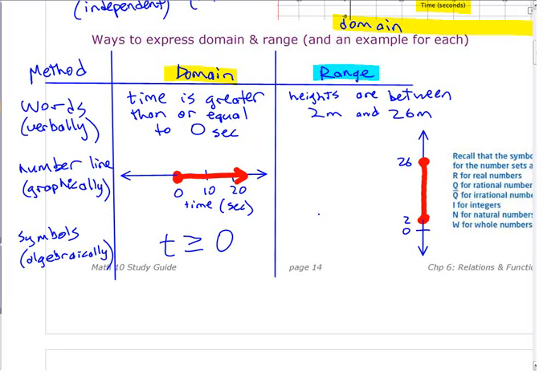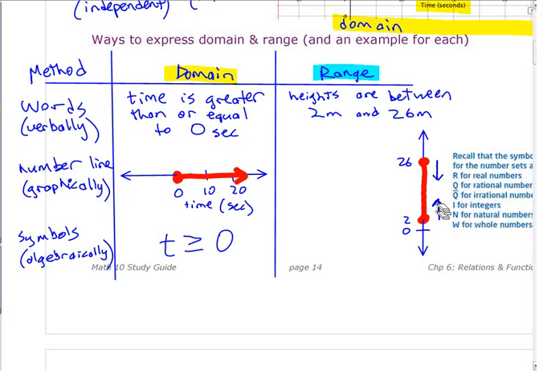How about this one? This is the harder one. How do you say it's between two numbers with symbols? It's actually two things. It's greater than 2, but it's also less than 26, right?